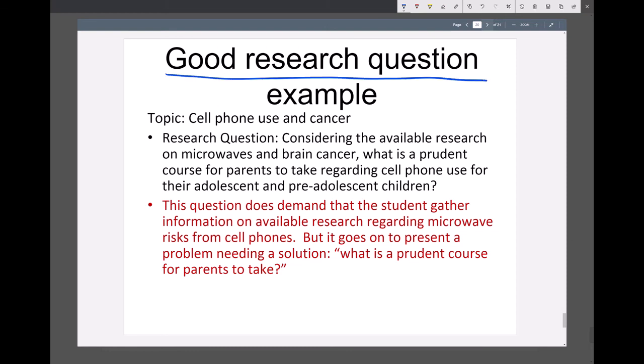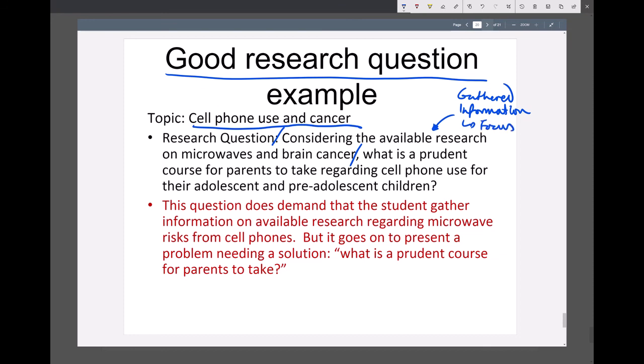So the topic is cell phone use and cancer. Let's take a look at the question. It says, considering the available research on microwave and brain cancer. So here, part of the sentence is the information that the writer has already gathered to help focus.